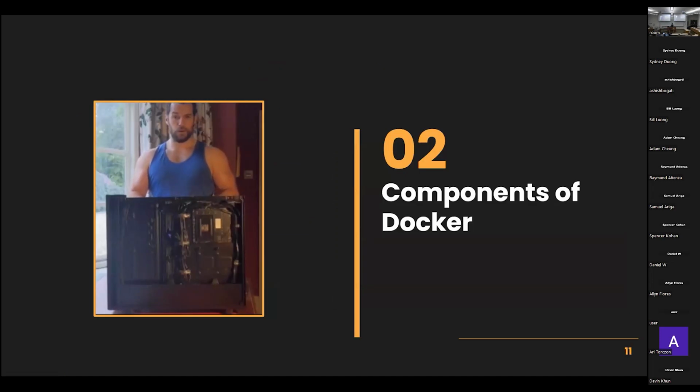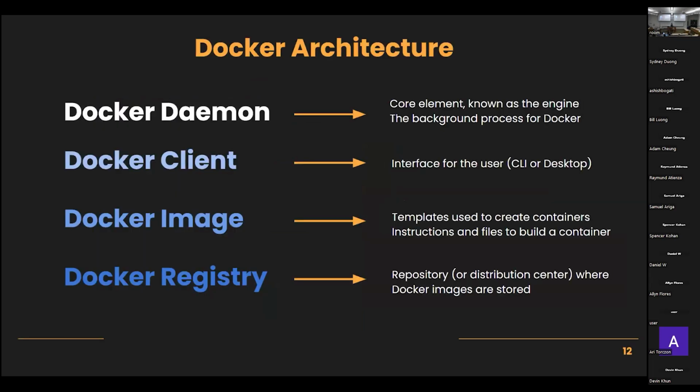All right, now we're going over the pieces of Docker. There's a lot more involved with the architecture, but I broke it down to 4 main points. You have the Docker daemon, which is pretty much the main process of Docker.